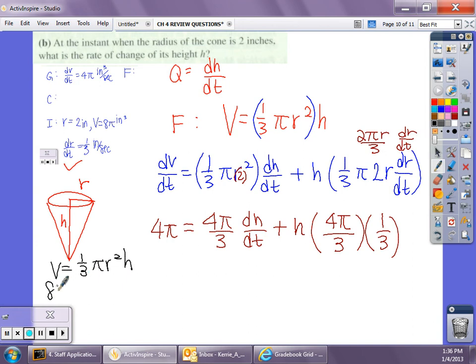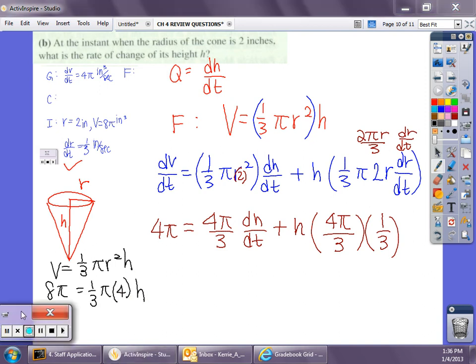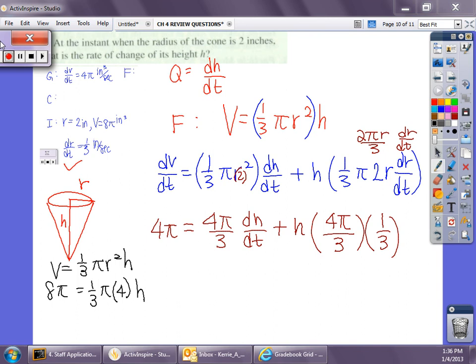If my volume was 8 pi, when my radius was 2, could that find me the height at the instant? And it looks like it can. So let's go and look. Let's see. We actually get, divide by 4, which would be 2, multiply by 3, which makes 6, is actually my height.